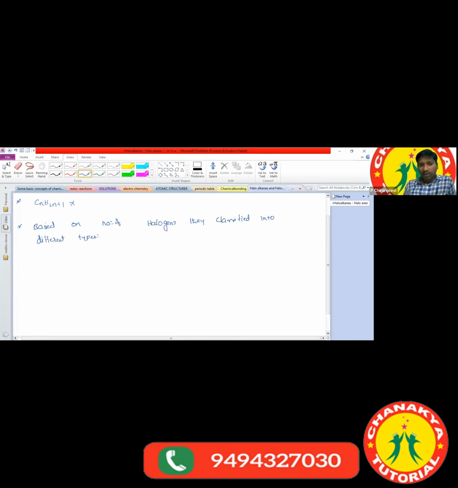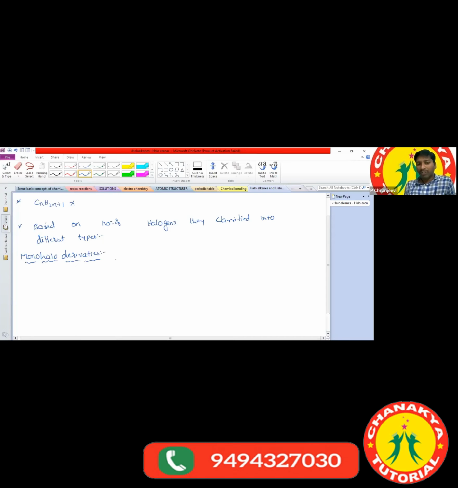What are the different types of compounds? Mono-halo derivatives. What is meant by mono-halo derivatives? They contain only one halogen. The compounds which contain only one halogen we call mono-halo derivatives.